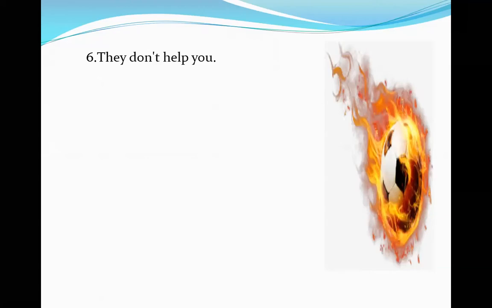As I told you before, verb to be is very important here. I said you aren't helped by them. Okay, start with you. You will be. Excellent. You aren't helped by them. Perfect. You aren't helped by them.